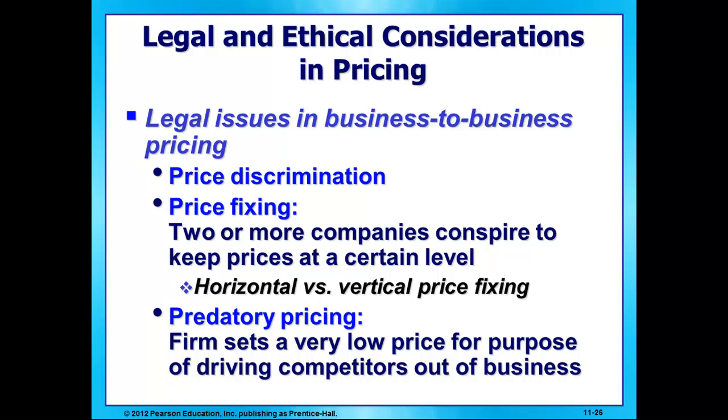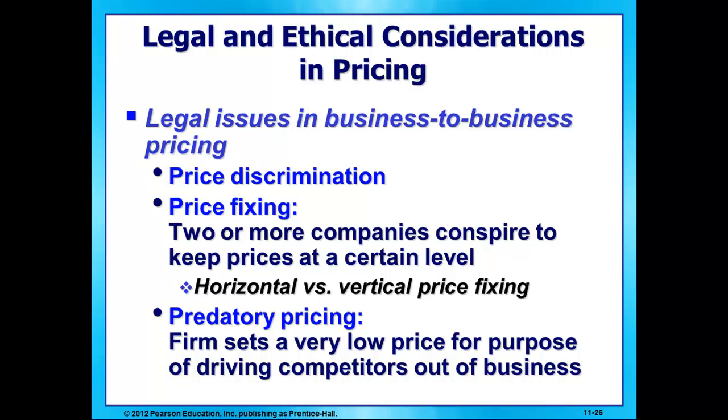This is called resale price maintenance, and oftentimes these agreements are set by a high-end manufacturer like Apple, for example, to make sure that their premium position in the market is upheld, and they don't want their retailers discounting their products. Vertical price fixing is per se illegal in this country, as is horizontal price fixing. That's why the resale price maintenance is oftentimes referred to as a suggested manufacturer retail price.